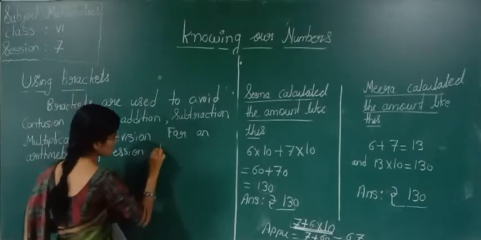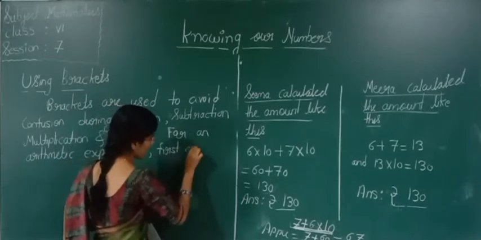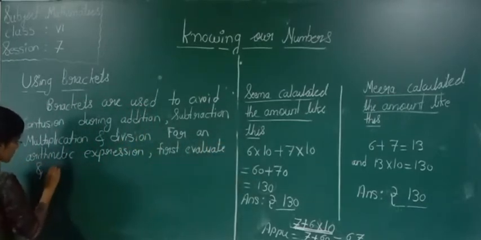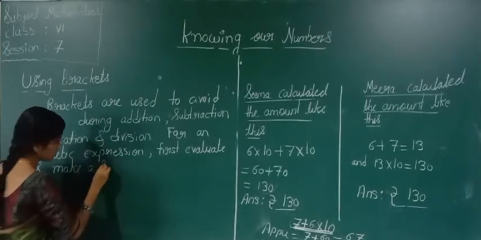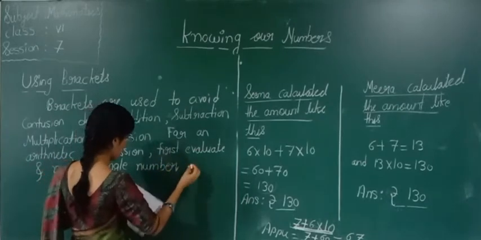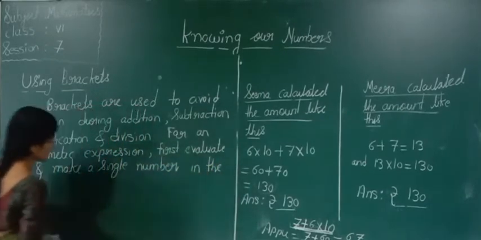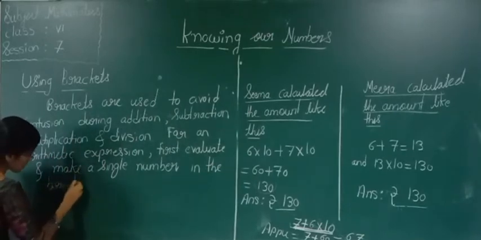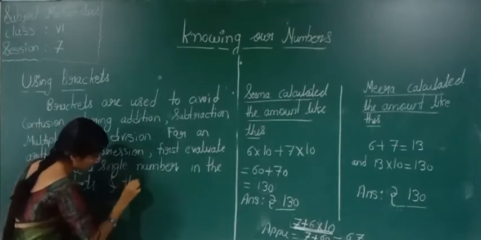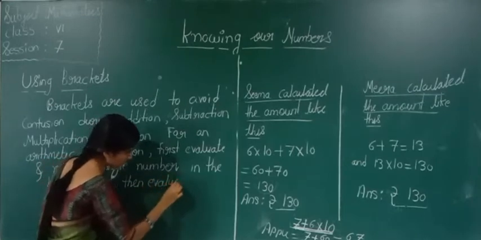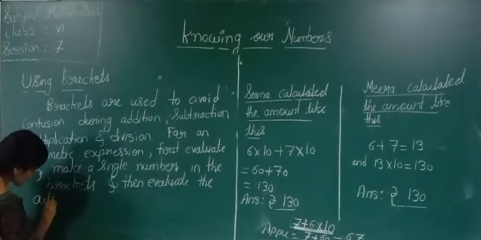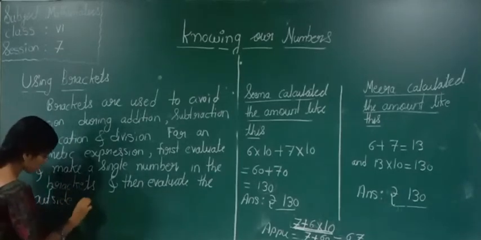first evaluate and make a single number in the brackets and then evaluate the outside part.